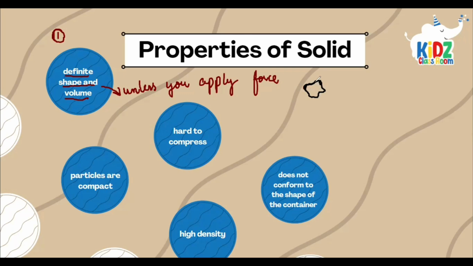Yes, it will when you apply force to it, by breaking it or throwing it down. So the first property of solids is that they have definite shape and volume. The shape and volume stay the same unless you apply force to the solid.